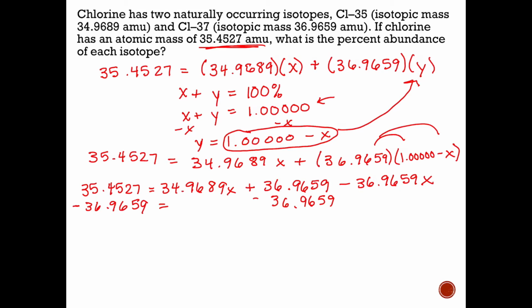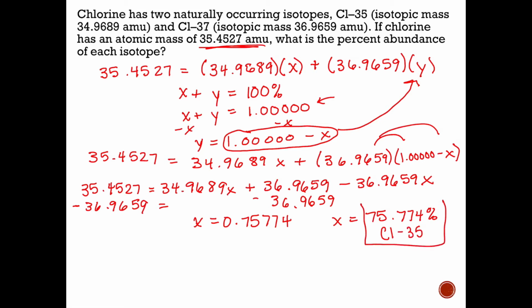And eventually, rearranging, solving for that, we are going to get that x is equal to 0.75774, which means that x is equal to 75.774%. Okay, and again, that was the percent abundance of chlorine 35.